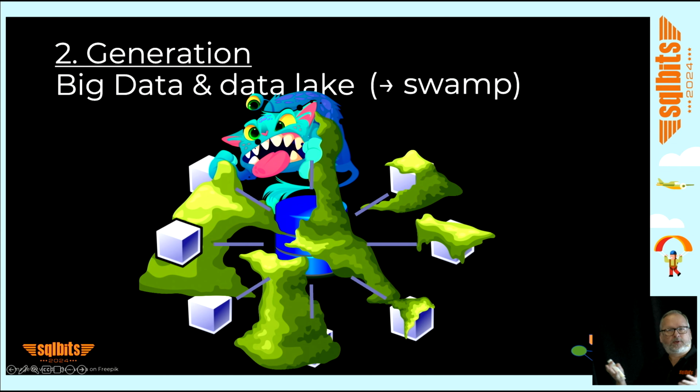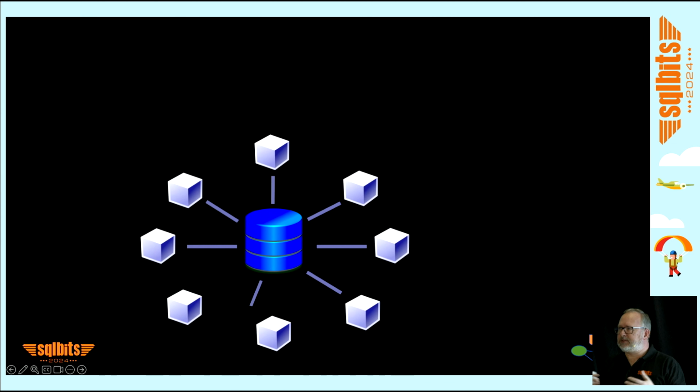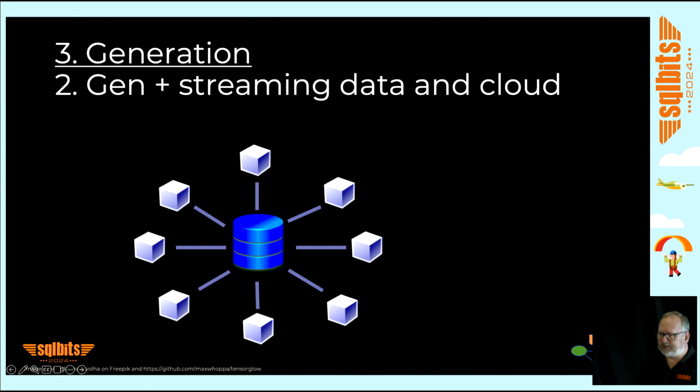So how do you solve this? Well, then we have the third generation of systems. That's the current generation, where you also have the ability to add streaming data. So we now have the opportunity to do real-time analytics and to solve the challenges with handling larger volumes of data and the lack of compute resources.